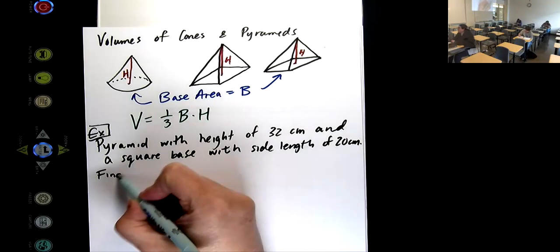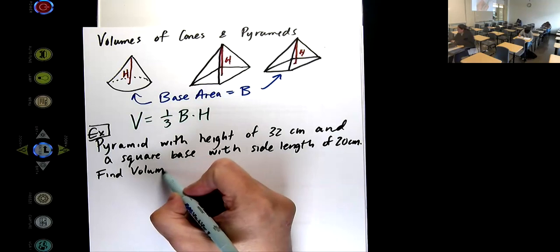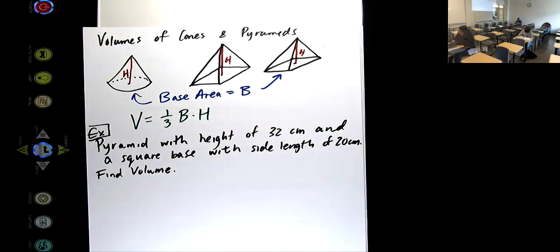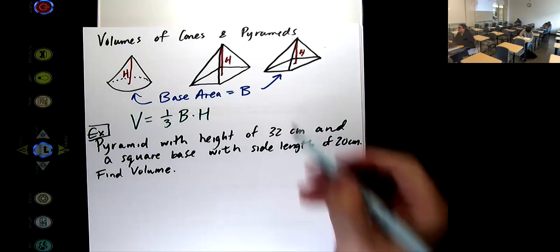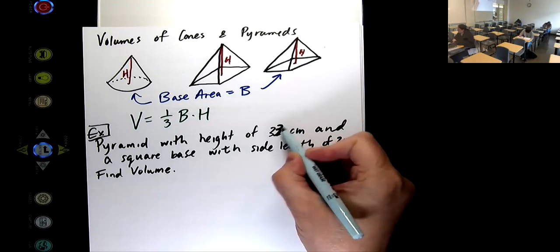Find the volume. You know what? Why don't we make this 33 centimeters? I'm gonna make that 33 centimeters.